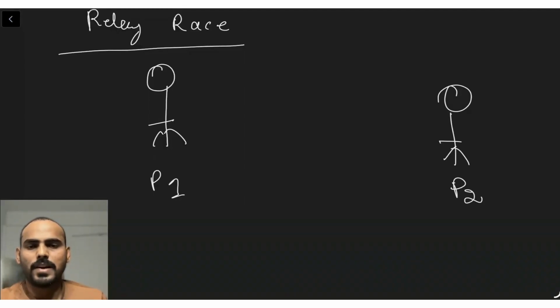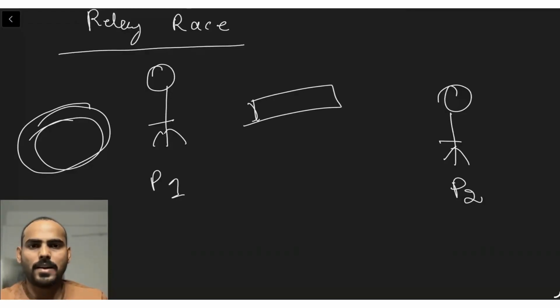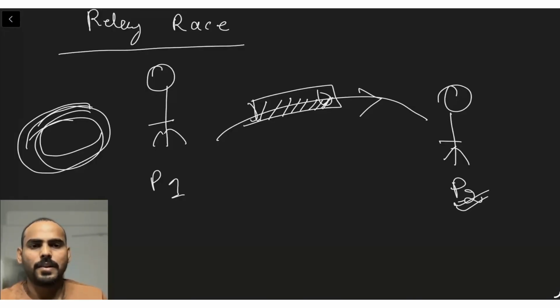The first participant will make a lap of the ground. It will make the first lap and pass the baton to the second participant, right? And when the second participant receives the baton, it can go and finish the last lap, right?